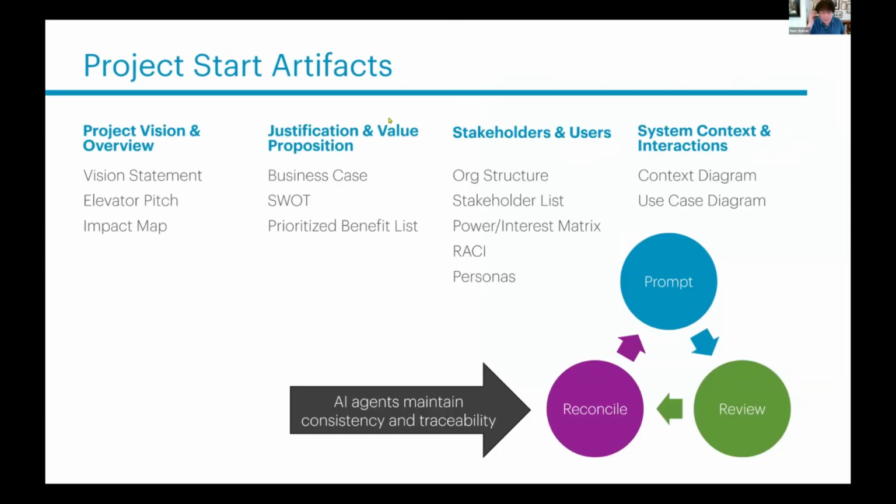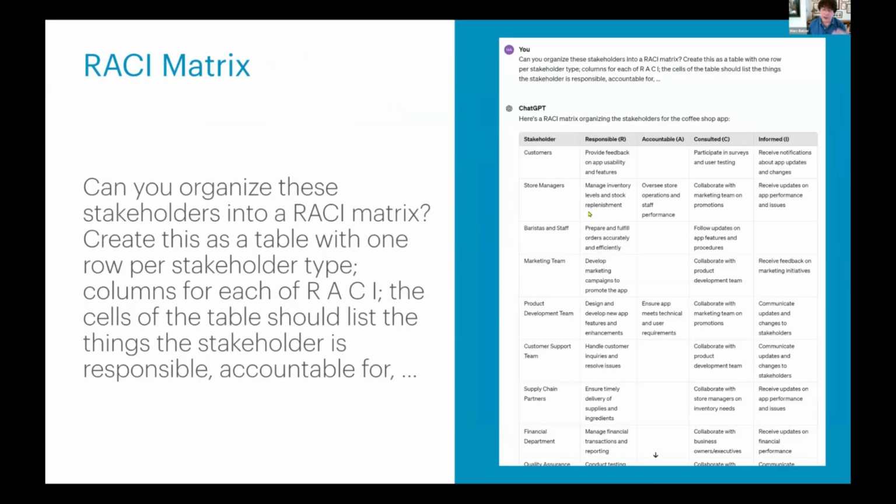Okay. So again, coming back to the list of project starting artifacts, lots of those things. And we find that there's a basic pattern to how to use these things. You give the prompt, you say, here's what I want. You review the content. So for example, you might go back to the list here and say, I don't know if I need this group, or what about this group?